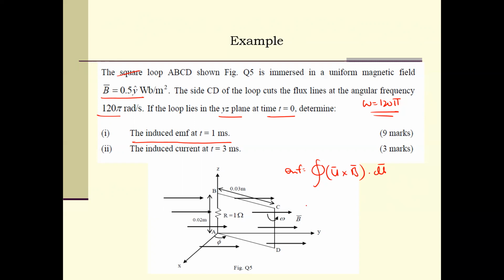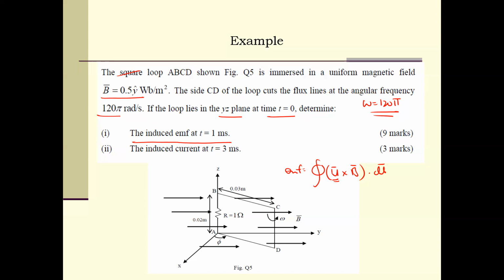Okay, and we know that this u basically is a linear velocity, but from what we have here, this particular loop is said to cut the flux line at the angular frequency of 120 pi, in which the omega is 120 pi.